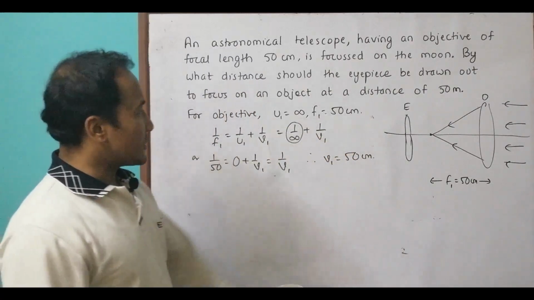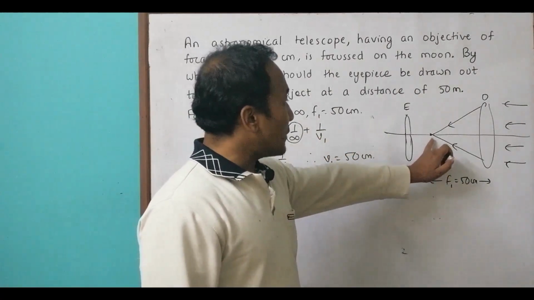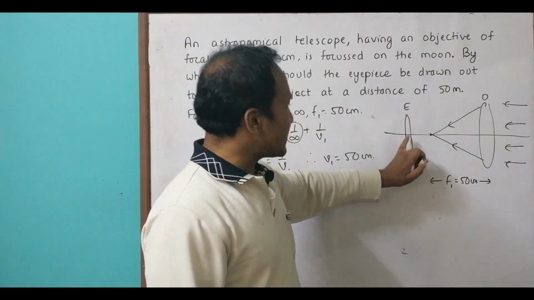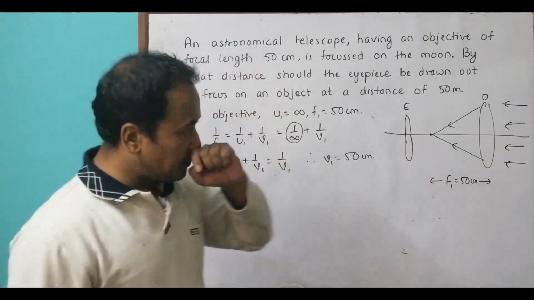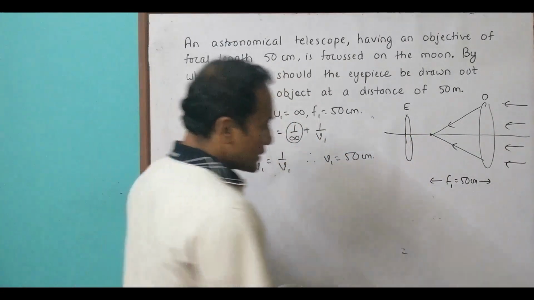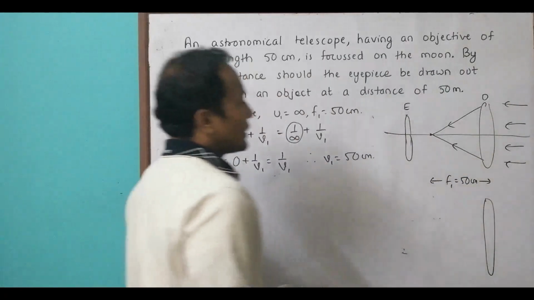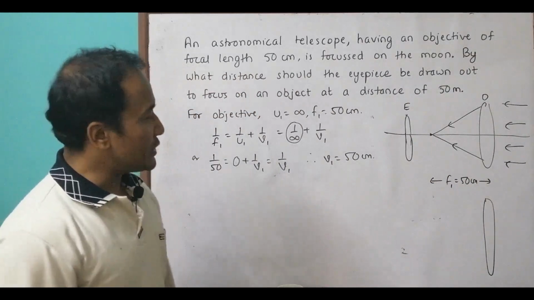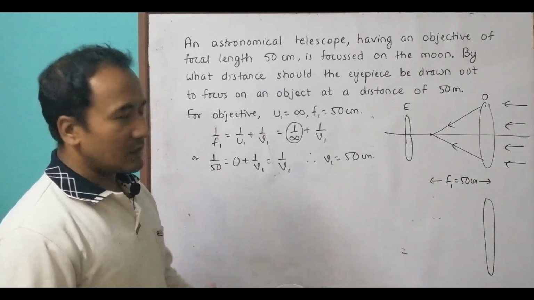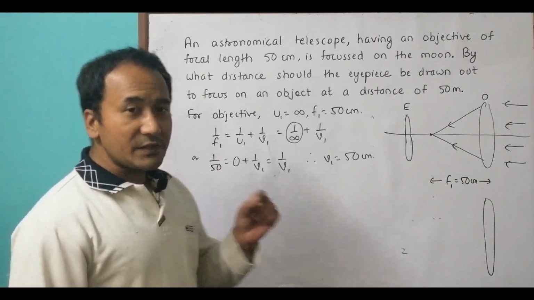So initially this is 50, and to observe this image, the eyepiece lens had to be placed like this. Now this telescope is used to focus on an object which is just at a distance of 50 meters.